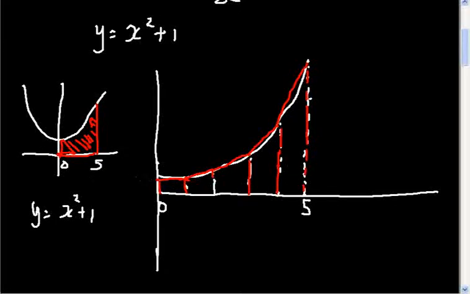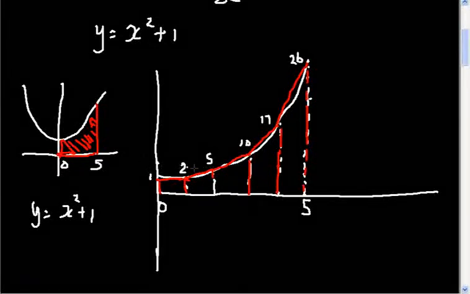To work out the area of each of these trapezia, I need height 1. When x is equal to 0, that height is 1. Here, this height is 2. Likewise, I need to figure out each of these heights.